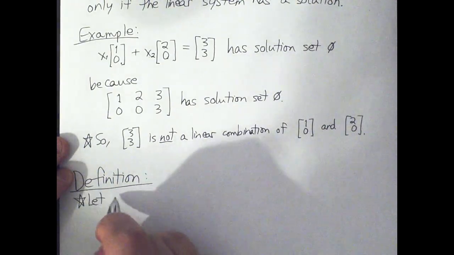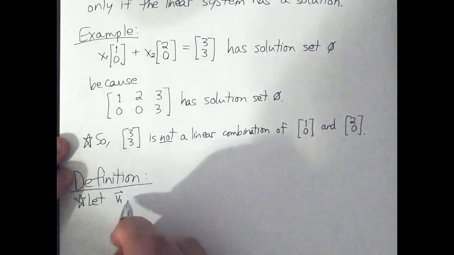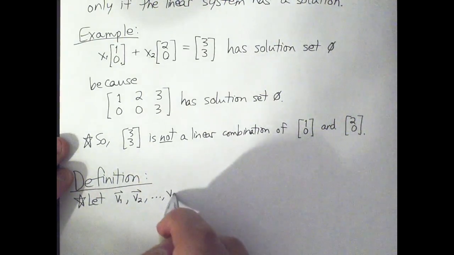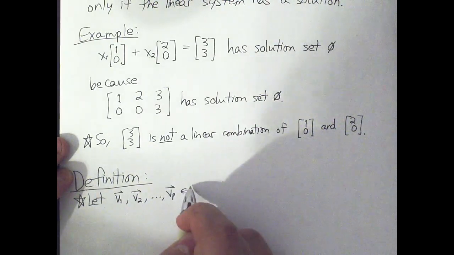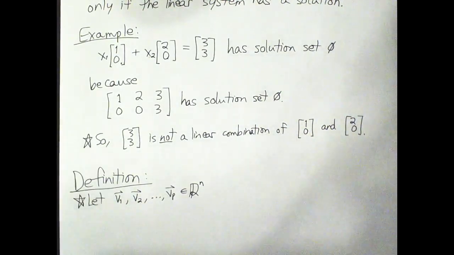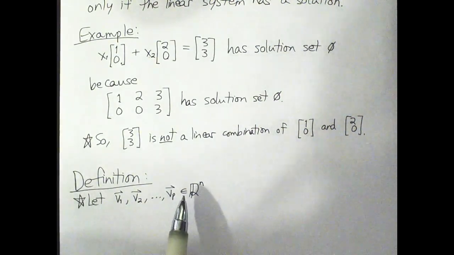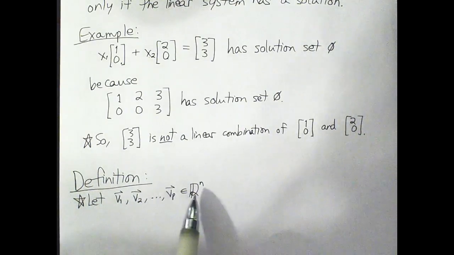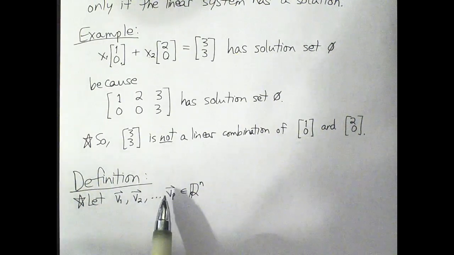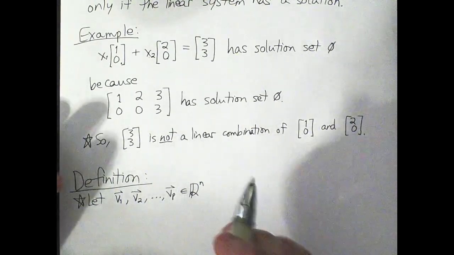Let V1, V2, up to VP be elements of Rn. This is my first time in this course using this symbol, but I think you've probably seen this before in a previous course like theory of proof. We're just saying that these are elements of Rn. So these are all vectors with n entries each.